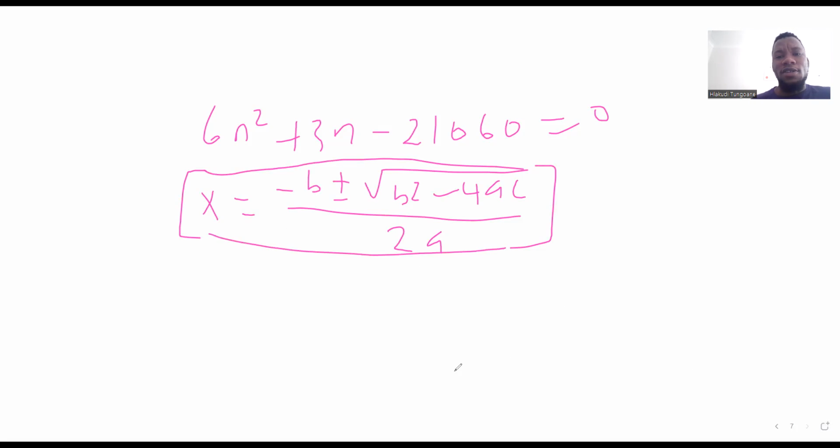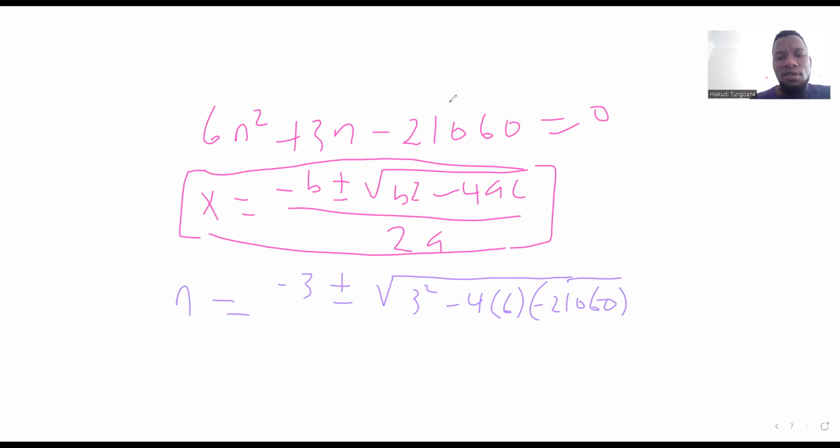If we apply this formula to our scenario, n equals minus b, so minus 3, plus or minus the square root of 3 squared minus 4 times a, which is 6, times c, which is minus 2109, divided by 2 times 6. You're going to get two answers, one negative and one positive.